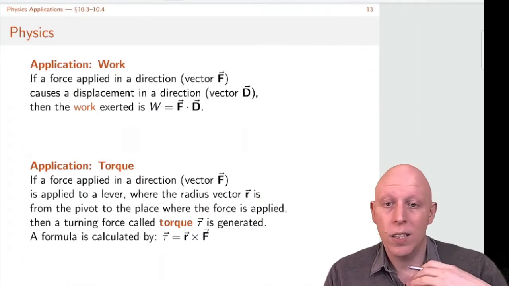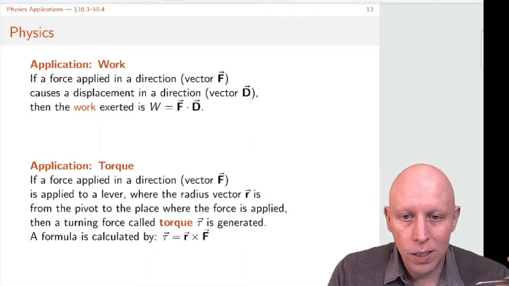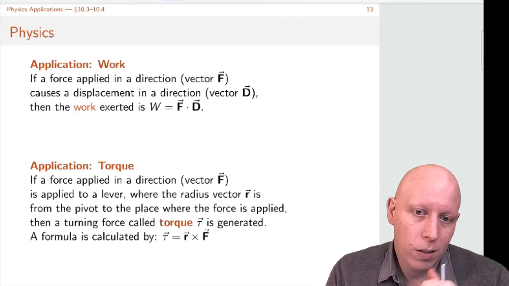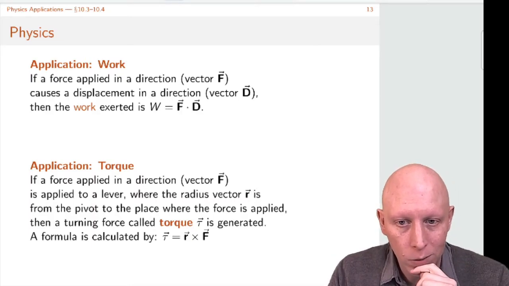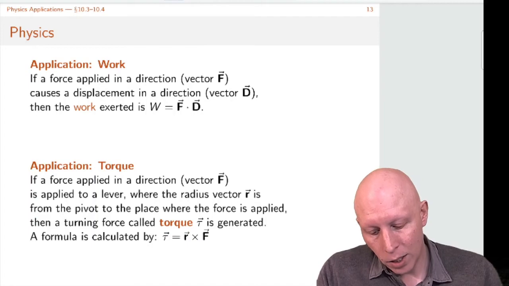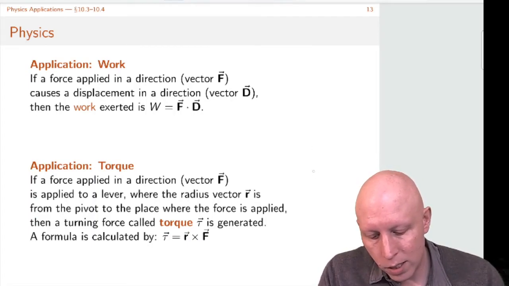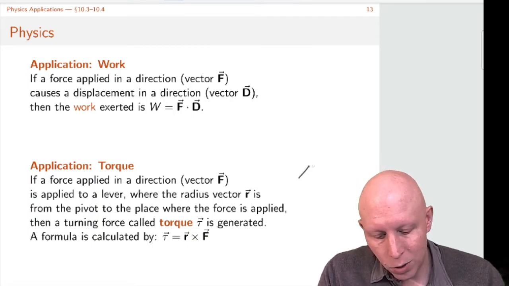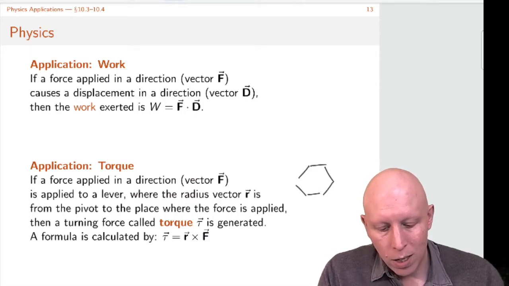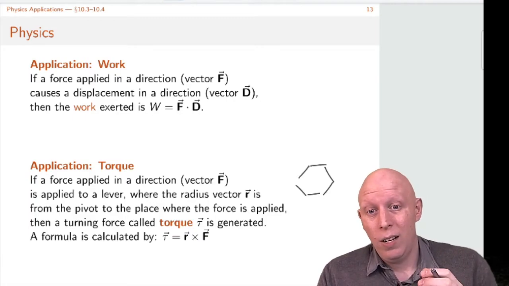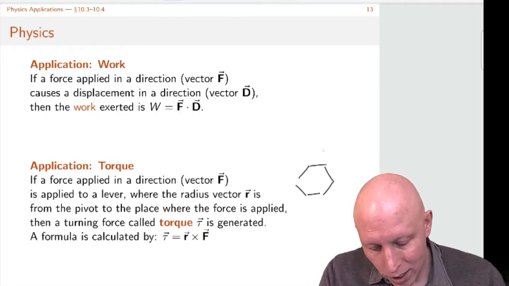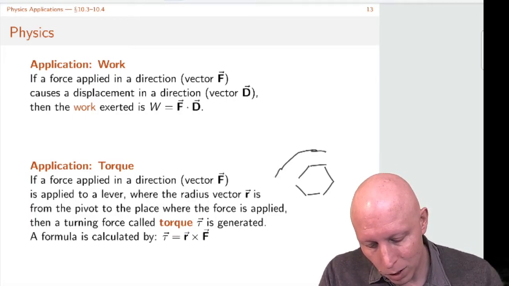All right, there's another example of a physical concept that uses vectors, and in this case it uses the cross product of 2 vectors. So this is useful when you're thinking about applying a force to some screws, right? So if you're using a wrench, here's my lovely drawing of a wrench.